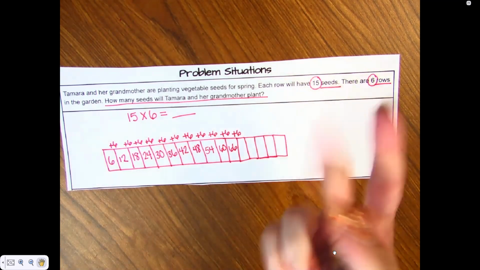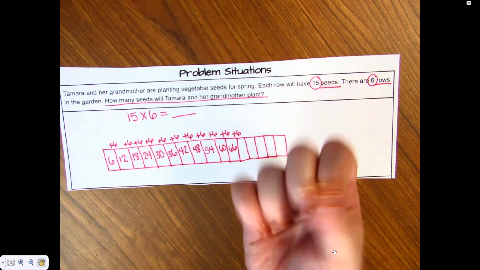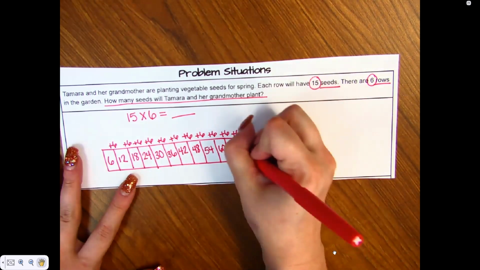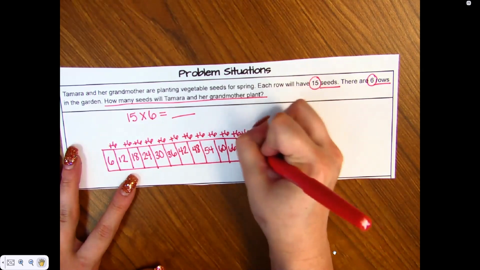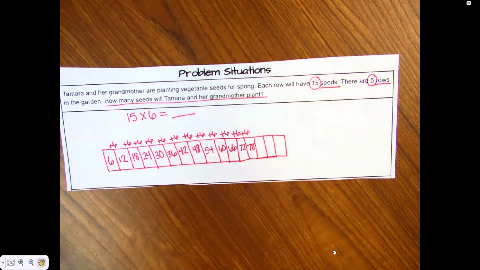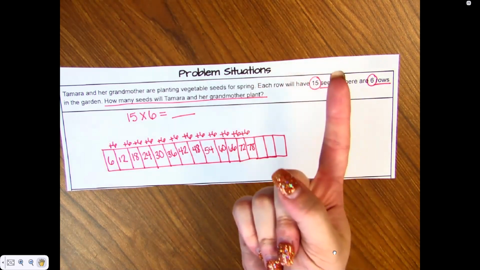66, 67, 68, 69, 70, 71, 72. 78, 79, 80, 81, 82, 83, 84.